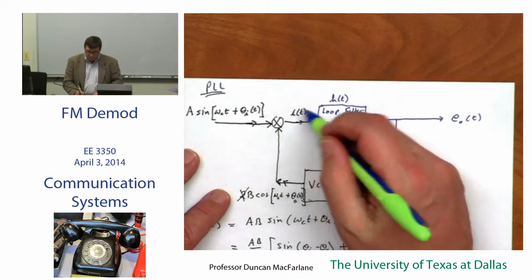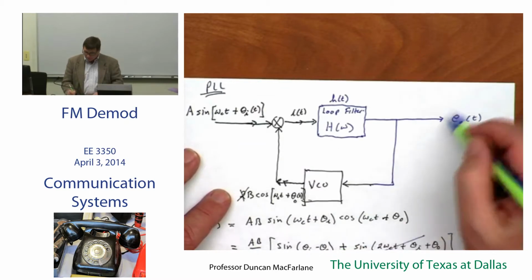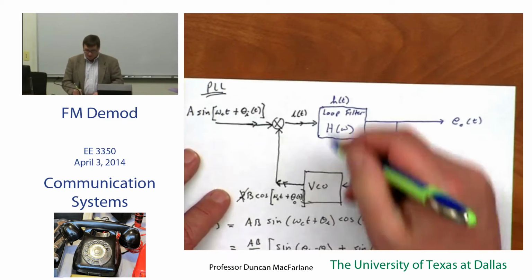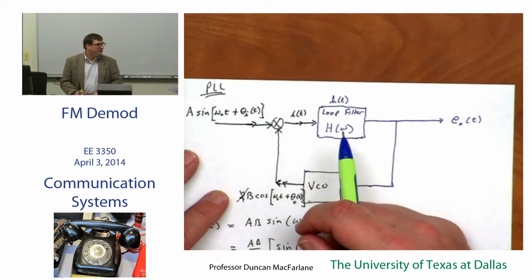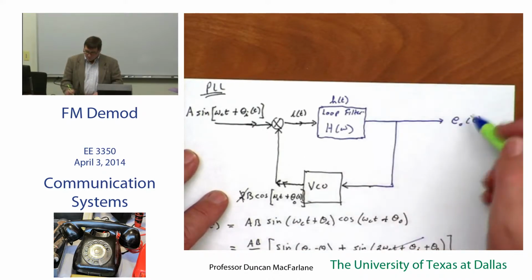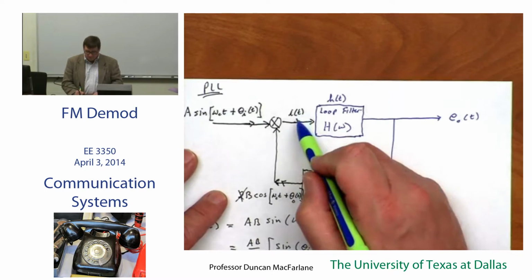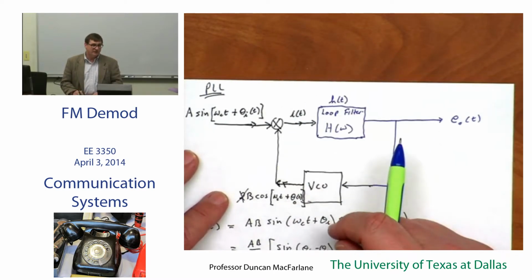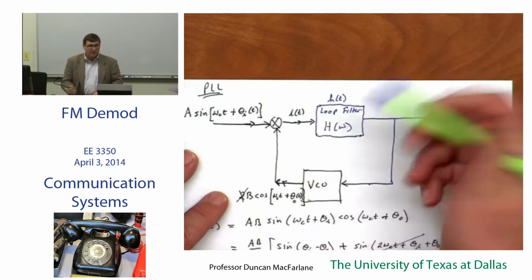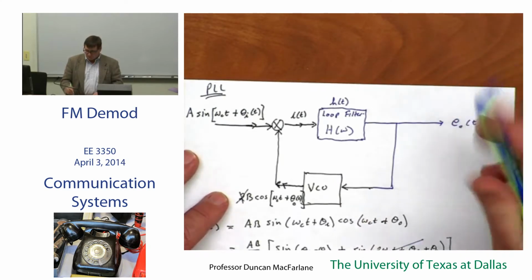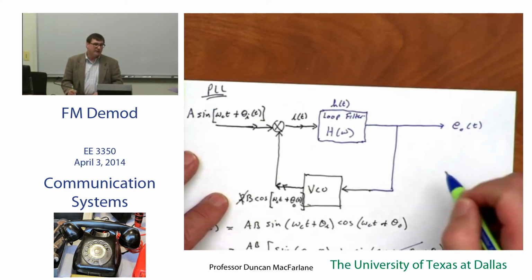If I have my input i of t into my loop filter, and my output of my loop filter is E out of t, and I've just said this is a loop filter, I'm suggesting that it's linear time invariant, and so the output E out of t is the convolution of i of t and h of t. Or it's I of omega multiplied by H of omega if I want E out of omega.